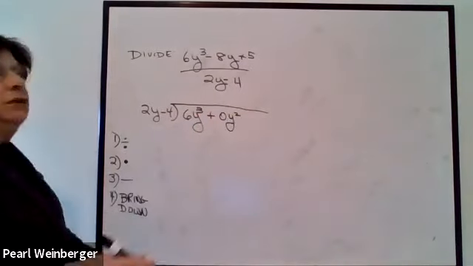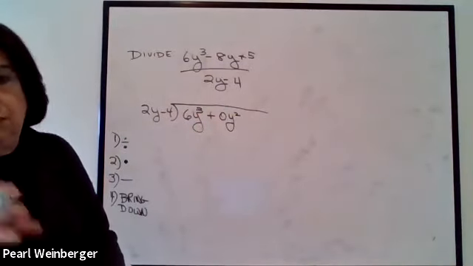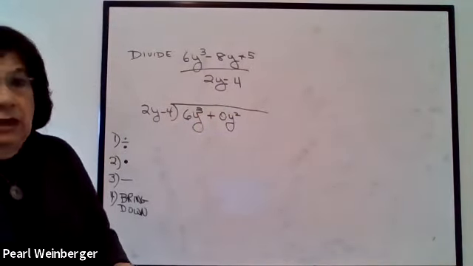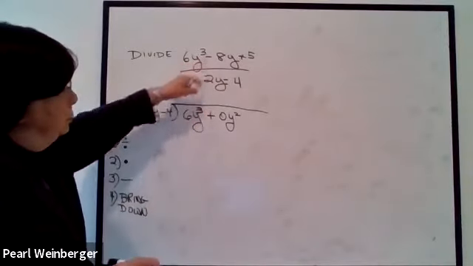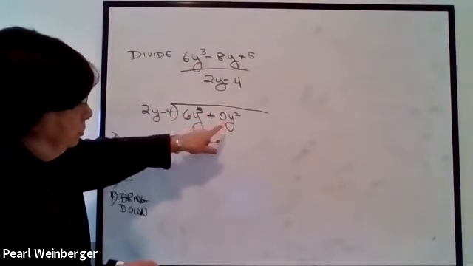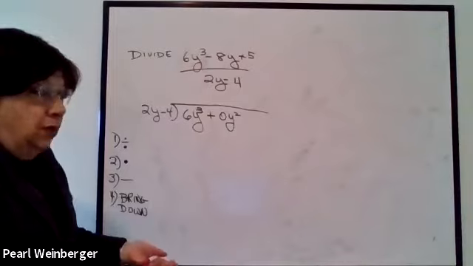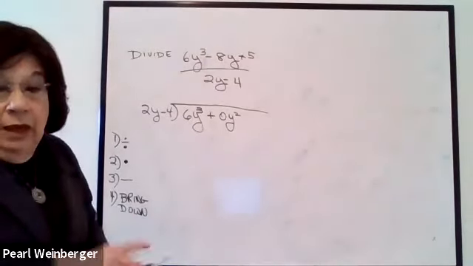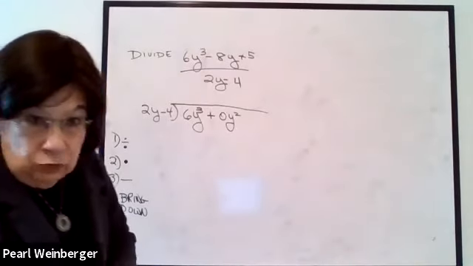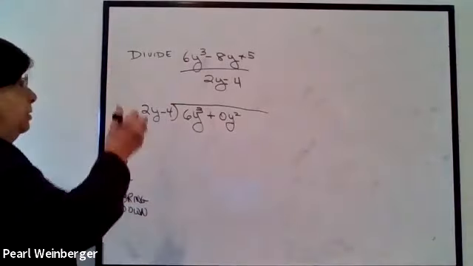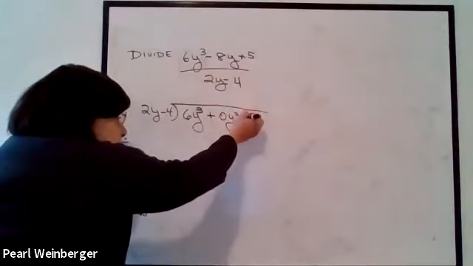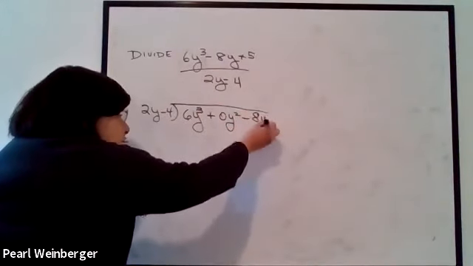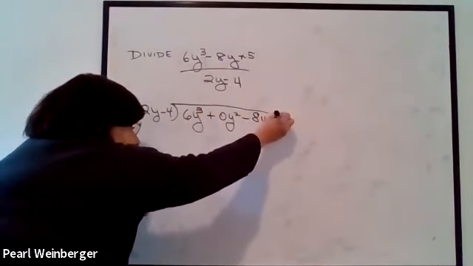It's like a space maintainer. I need the space for the y squareds, and there is none here, so I put it in by just putting a 0. I can't just put in a plus y squared, because that would be 1y squared, and we don't have any y squareds. That's why I'm putting in 0y squared. Of course, then I continue with my negative 8y and my plus 5.